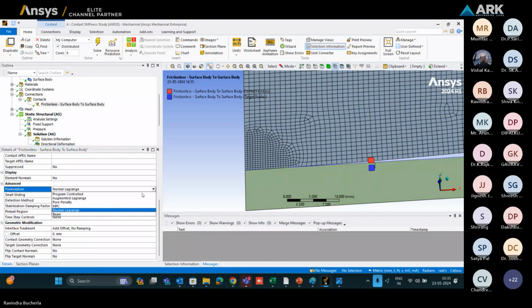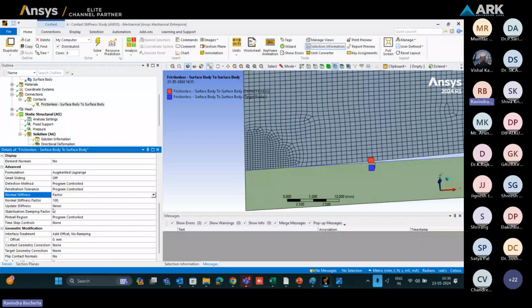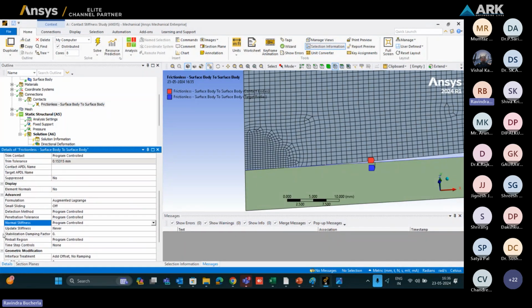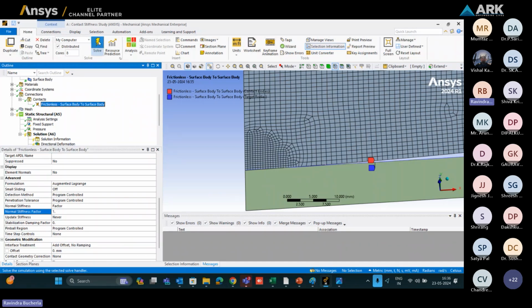Okay, if you go with augmented Lagrangian, for the normal stiffness factor, you can go for program control. If you go for program control, the value will be 1. And if you want to give a factor on your own, let's give 1 and solve the problem.